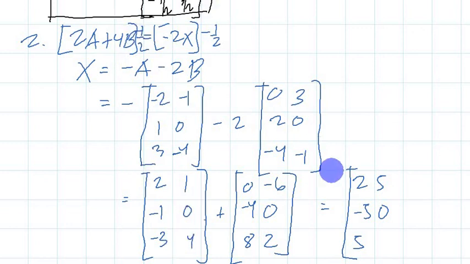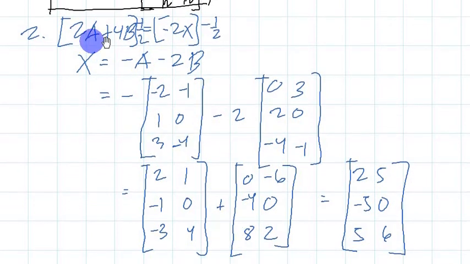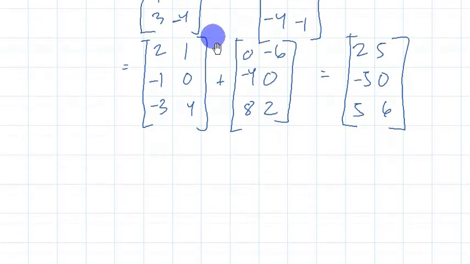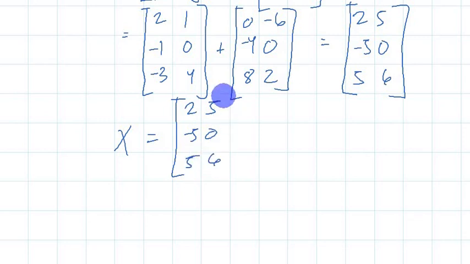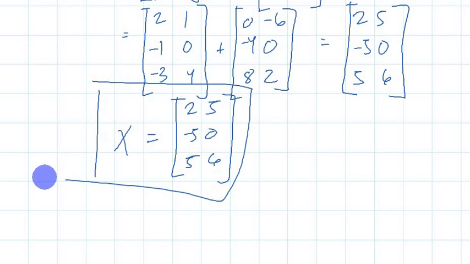And therefore, this would be 6. So there you go. So therefore, for this equation, the value of X is equal to the matrix 2, 5, negative 5, 0, 5, 6. And those are examples of solving a matrix equation.